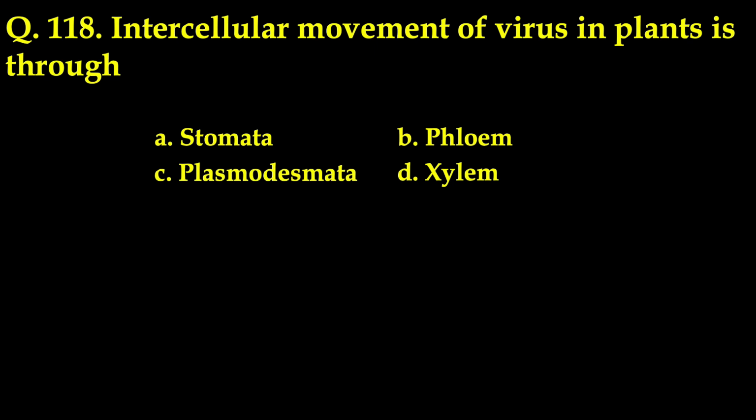These channels are called plasmodesmata and they are lined with proteins and can be tightly controlled by the plant. And relative to the diameter of the plasmodesmata, virus particles are huge. Here, for this question, the correct answer is plasmodesmata, that is the option C.